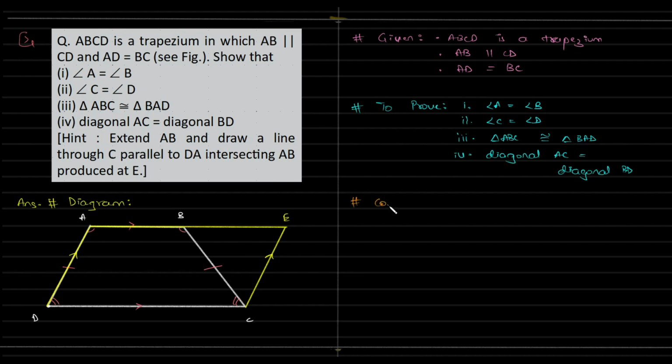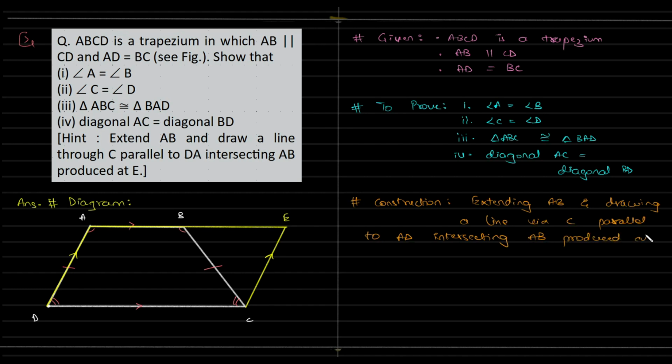So we have done a construction. It's a hint, but still it's a construction: extending AB and drawing a line via C parallel to AD intersecting AB at E. So a very long thing.